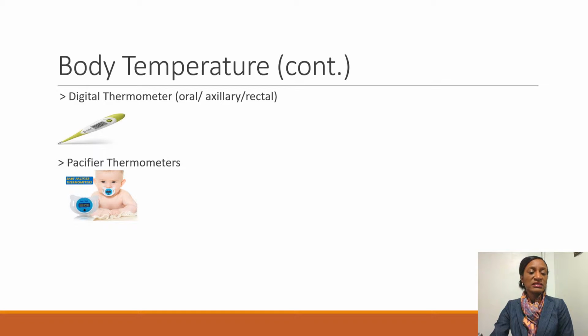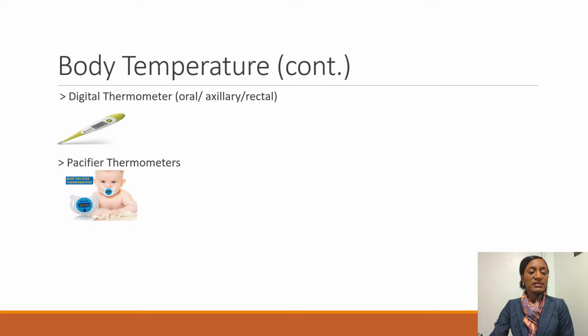If you're using this for more than one person, you would have to have the probe covered, which makes it usable with multiple people, or even with one person. It's more sanitary if you use a probe cover, which can be disposed of.